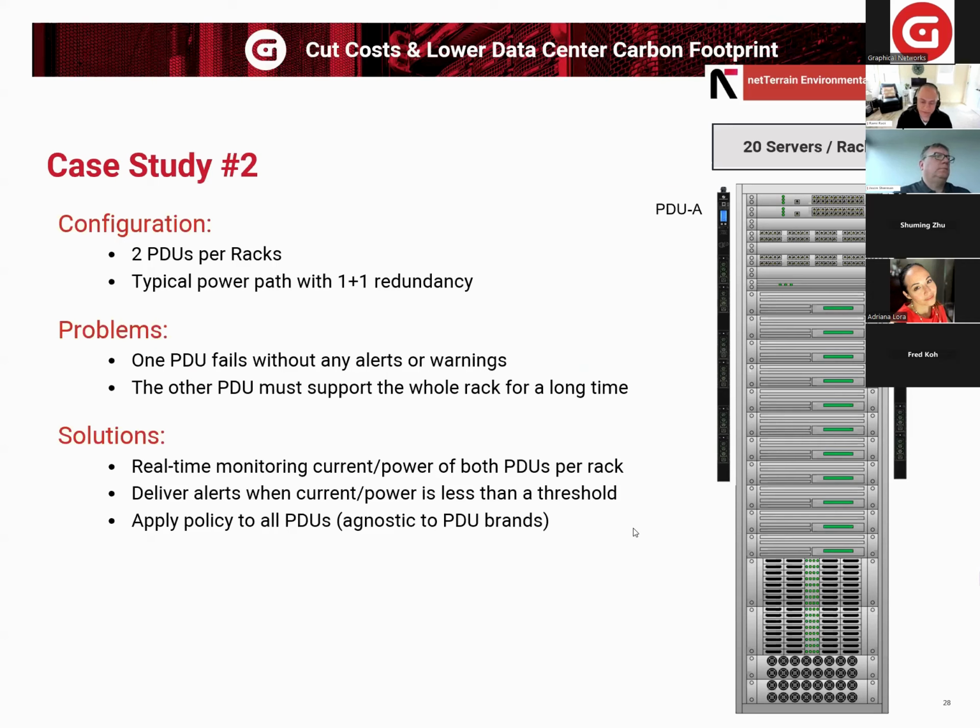So with the way DCM works and the ability for you to set alerts and subscriptions to those typical events, you can easily get that notification quickly so that you can take action accordingly and either replace that PDU or fix it and go back to your original settings and make sure that you're back to full redundancy essentially.